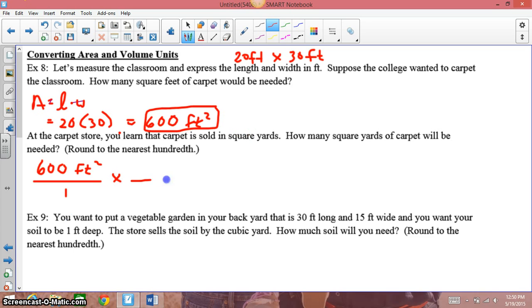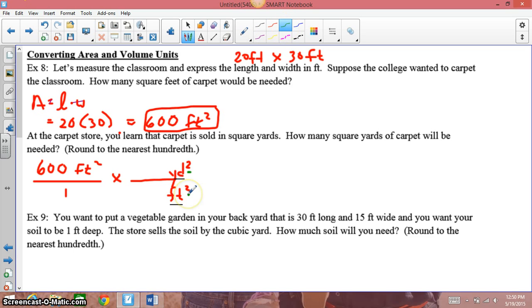You know that you want to get rid of those square feet, so put the square feet at the bottom. And we know that we want to go to square yards. So really the only thing different is that you notice on your conversion sheet that you just have a conversion taking you from just normal feet to normal yards. And our issue here is, okay, well, we've now squared them.